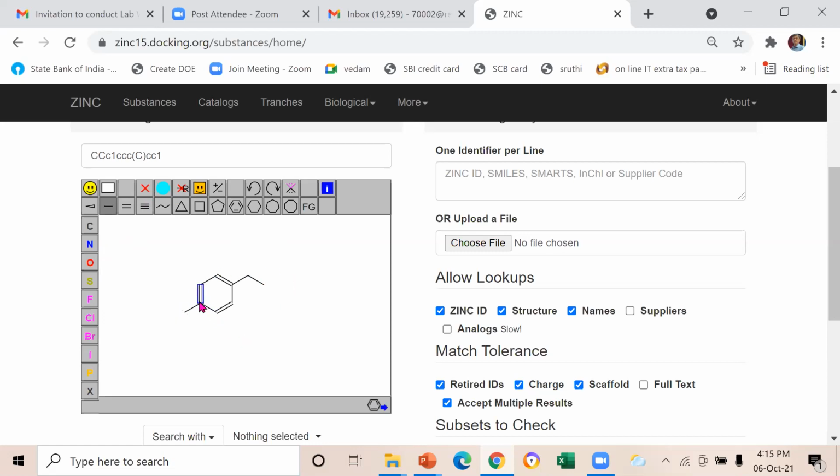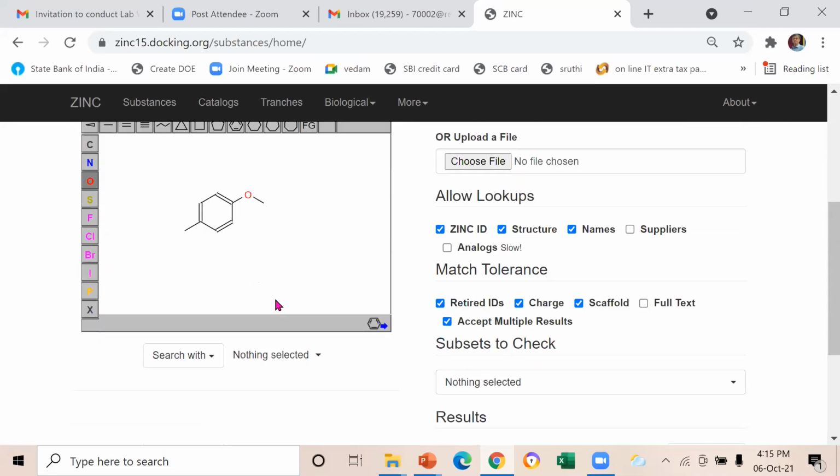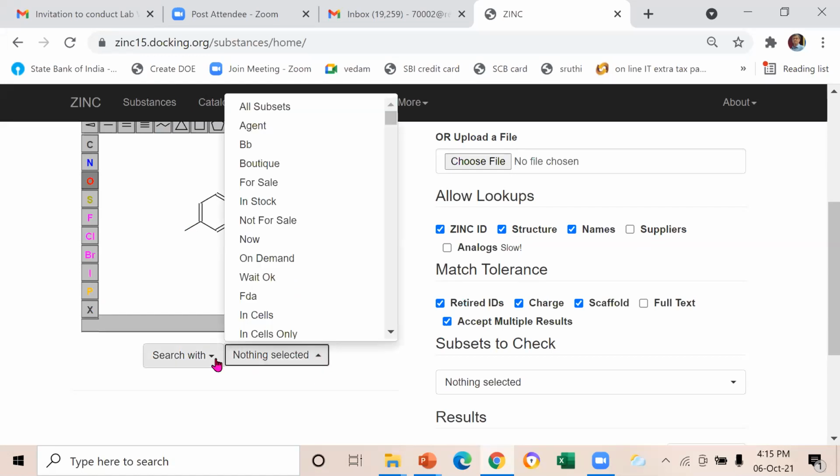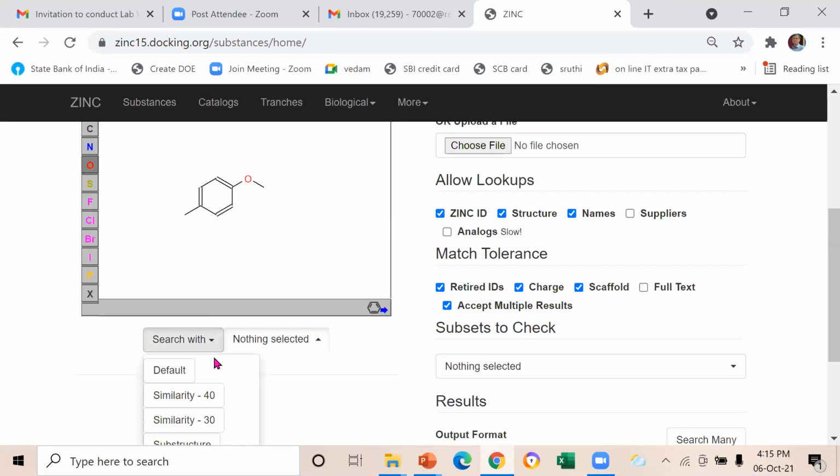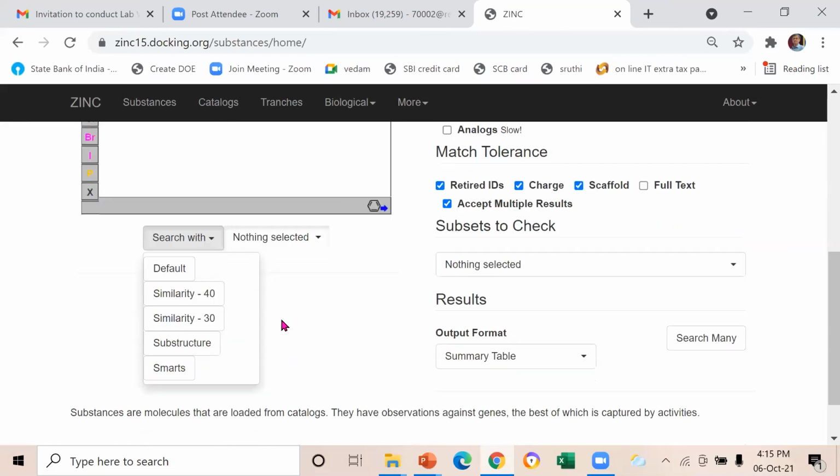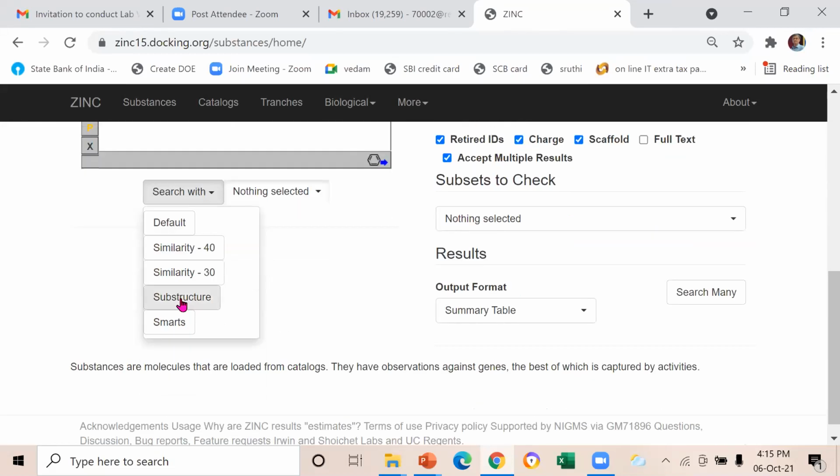Imagine I am interested in molecules which have this particular substructure. Because I am a chemist, we know that these substructures are very important. So what we can do is, sorry, here, a substructure search we can do.